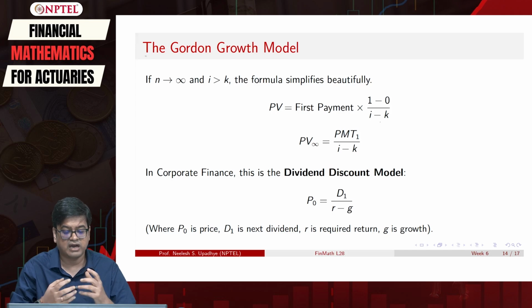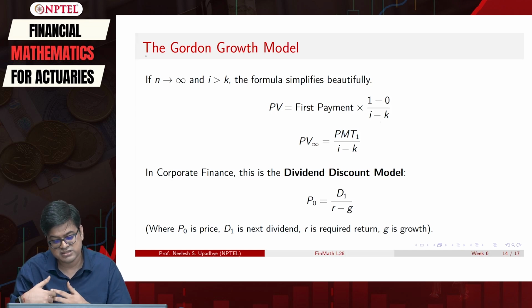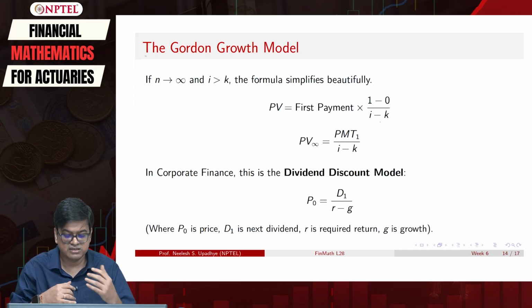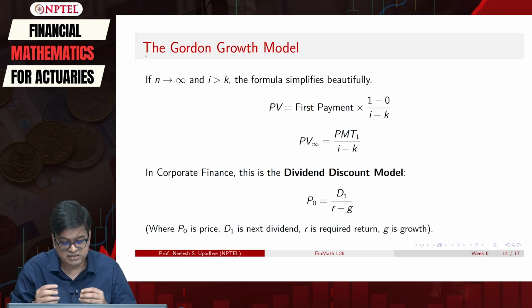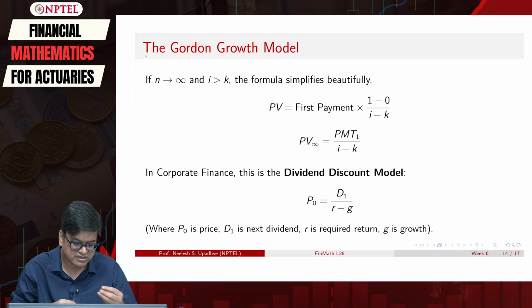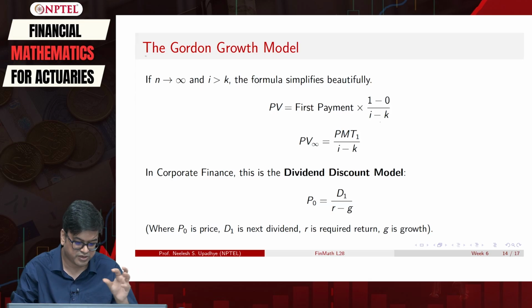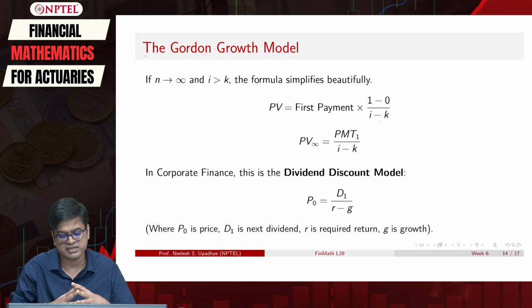So if R is my required return and G is the growth of the stock, then I will simply use the present value calculation of perpetuities, with the next dividend that is due as D1 upon R minus G. I will look at the estimated price that comes out, which is P naught, and if the market price is below that or just close to that, we will buy that stock to get the dividends. That is what this perpetuity model helps us do.